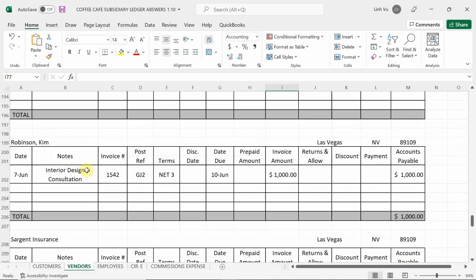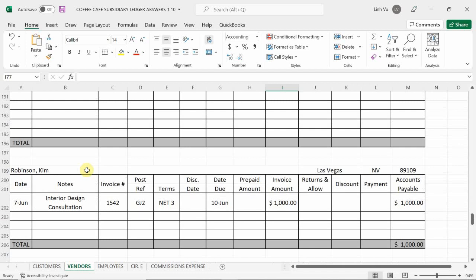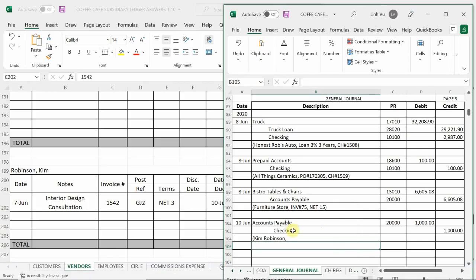particular bill. So in this case, if I go and look up Miss Kim Robinson, so Robinson, R, here you go, Kim Robinson. Right here, 1542 is the actual bill number for Kim Robinson. So 1542 is the bill that I am attempting to pay.